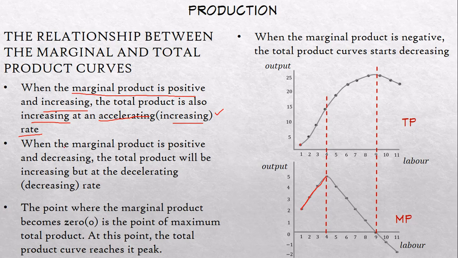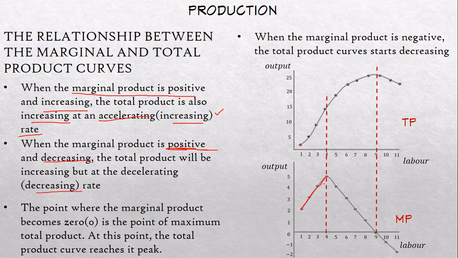And when the marginal product is positive and decreasing, take note, it is very important to bring in the positive. If the marginal product is positive and decreasing, the total product will be increasing, but at a decelerating or decreasing rate.